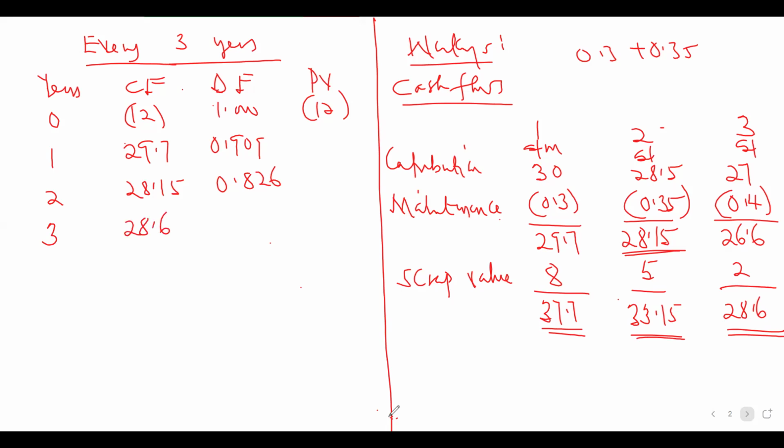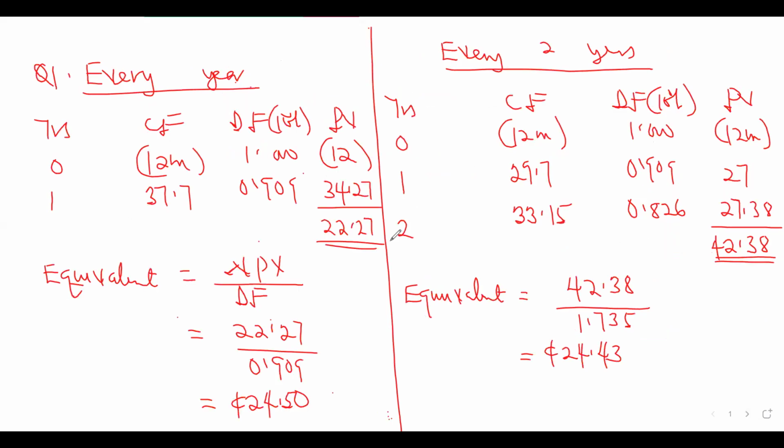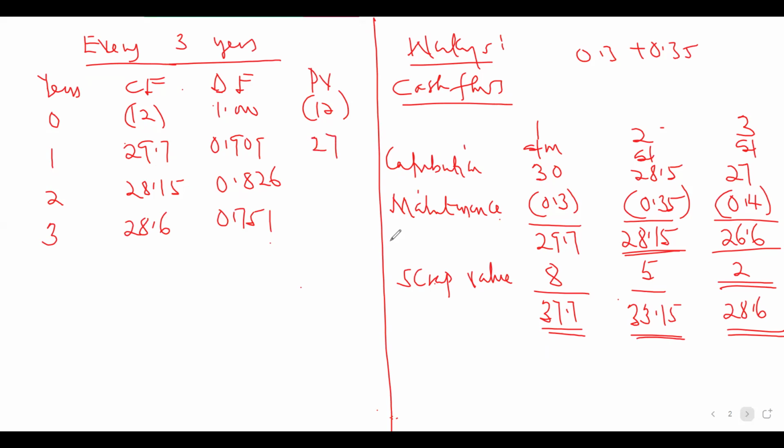That will be 28.6, the normal cash flow plus our scrap value, at 0.751. 28.15 multiplied by 0.826 is 23.25. 28.6 multiplied by 0.751 is 21.48. If you put all of them together, what are we getting?